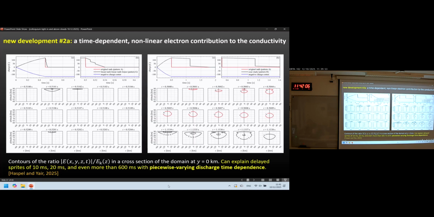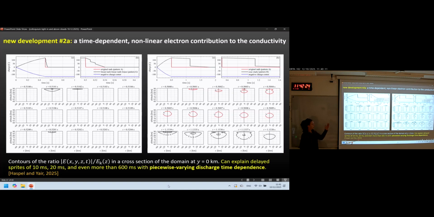Another thing I added, so this is, as I said, new development. A new development is adding a time-dependent conductivity. The conductivity is now no longer constant in time, but changes based on the electric field, which moves the charges. You move the charges, you change the conductivity. So there's a nonlinear feedback.